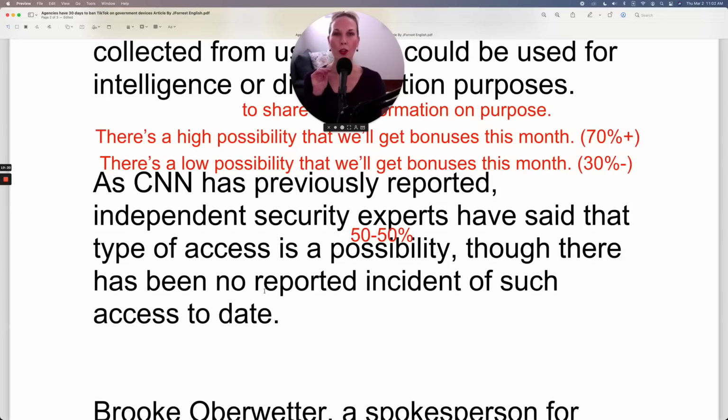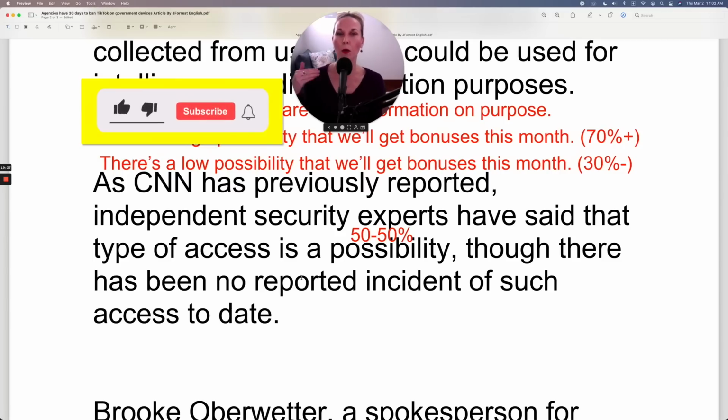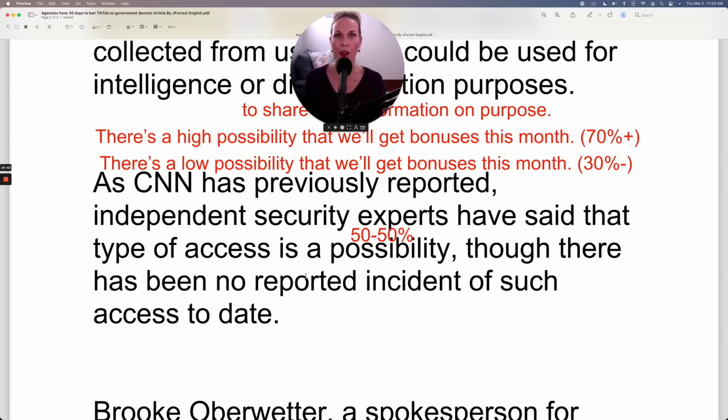So there's no evidence that the Chinese government is actually requiring ByteDance to hand over this information, or that ByteDance is handing over the information regardless. There's no actual evidence of that, but the US government is still banning TikTok from government-issued phones.